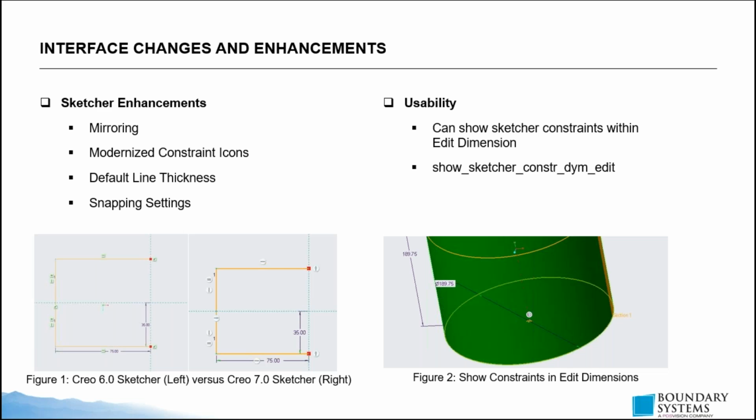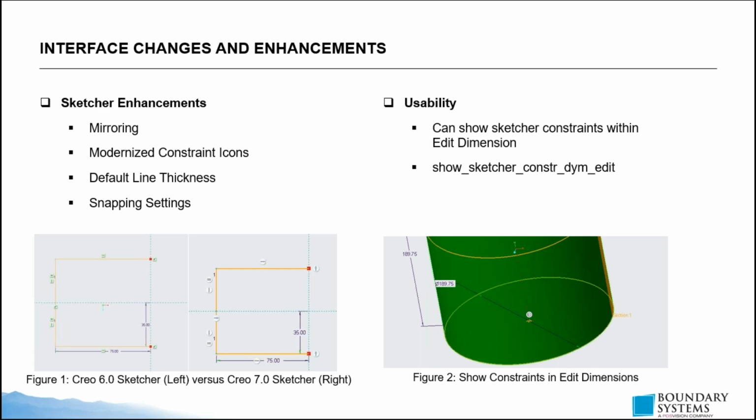Aside from that, they also modernized the display of the constraint icons, also increased the default line thickness. And so you can see in figure 1, it's easier to see Sketcher lines in Creo 7 versus in previous versions. And they also made some big improvements to the snapping settings in Sketcher as well.